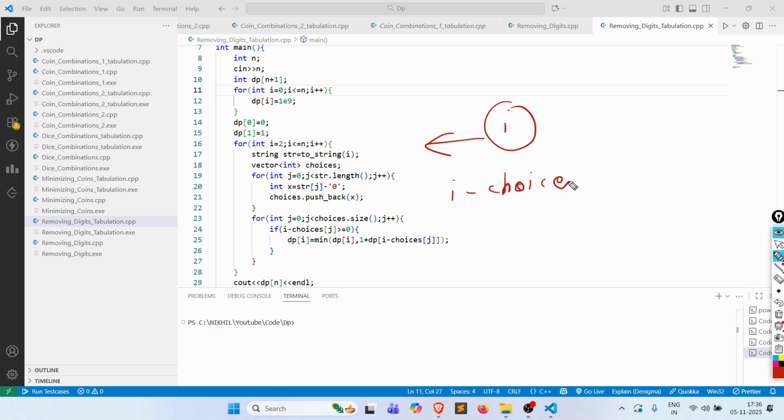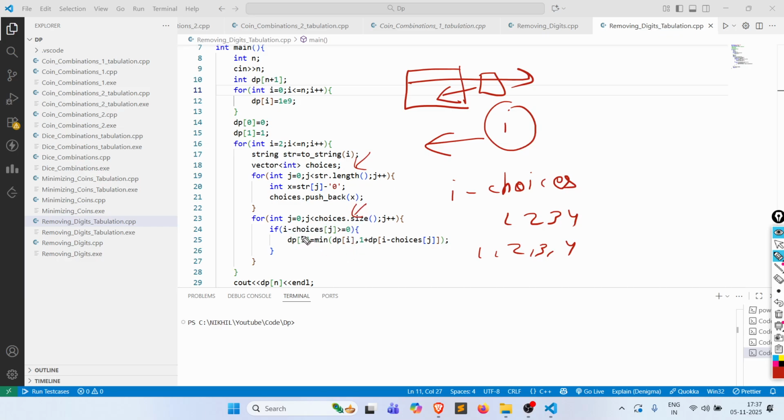So I should move in this direction, because if I am here, I am using the values on this side, and they will be already calculated. So I'm just filling the choices vector, right? For example, if the number is 1234, then my choices would have 1, 2, 3, 4, and then I am iterating over the choices.